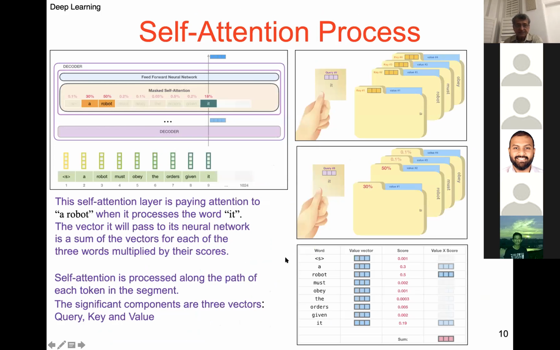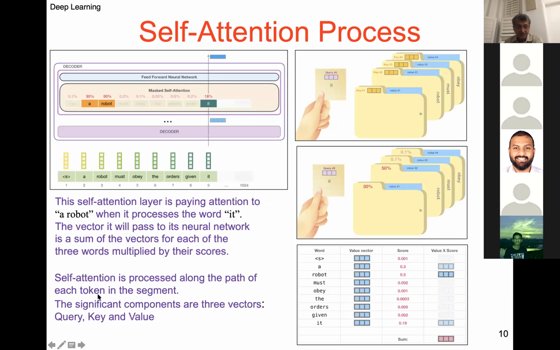This slide illustrates the idea of self-attention that's being used in these transformer models. The self-attention layer is paying attention to "a robot" when it's processing the word "it." The vector it will pass to its neural network is a sum of the vectors for each of the three words multiplied by their scores.